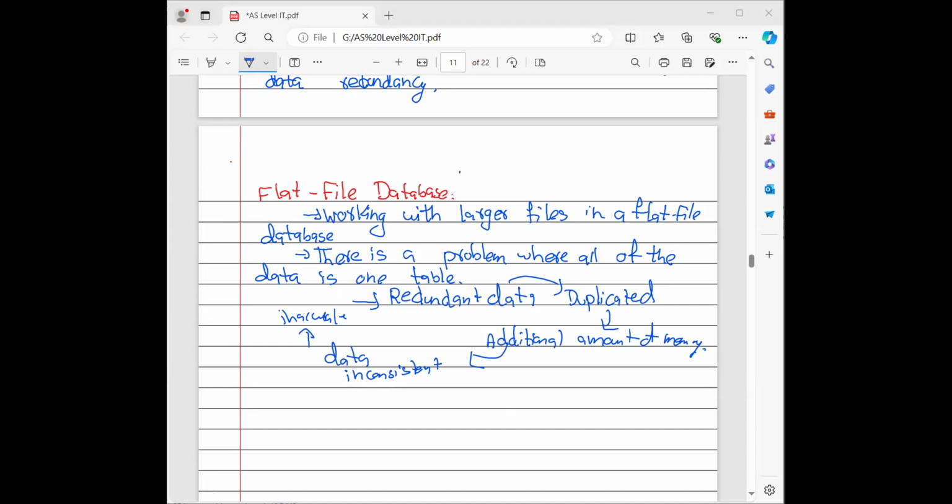However, flat files also have their uses. They can be used to set up or enter data without testing. That is their advantage, right?